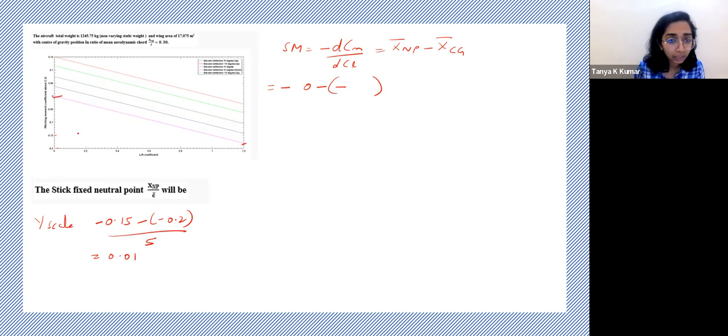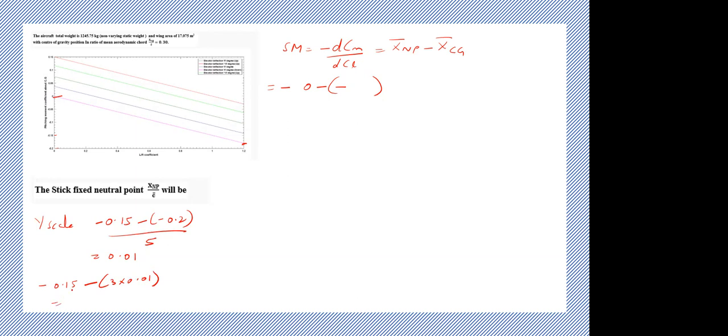Now if I were to take this point here, what would it be? It's minus 0.15 and 3 units below. So it is minus 0.15 minus 3 units below that, so 3 into 0.01. How much would that be?